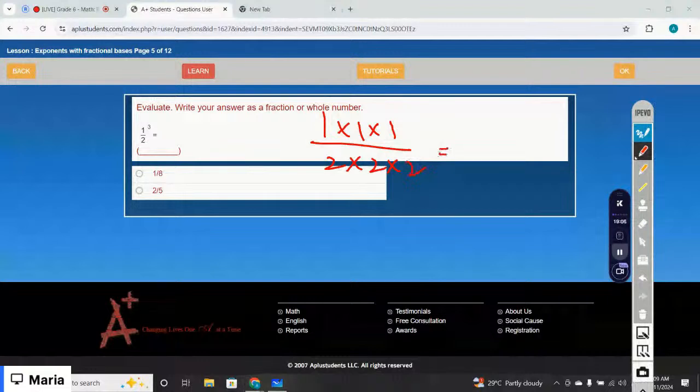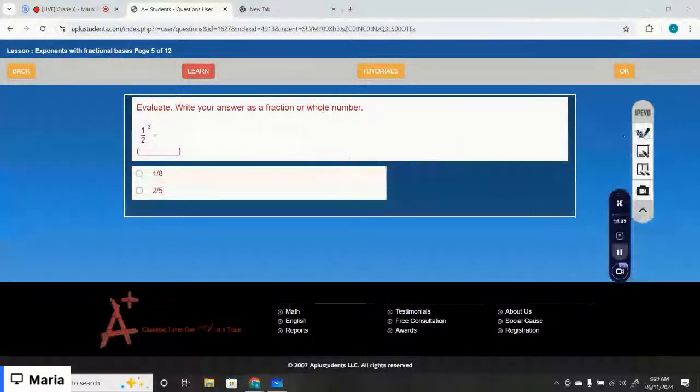So that is 1 divided by 8. The correct option is 1 over 8.